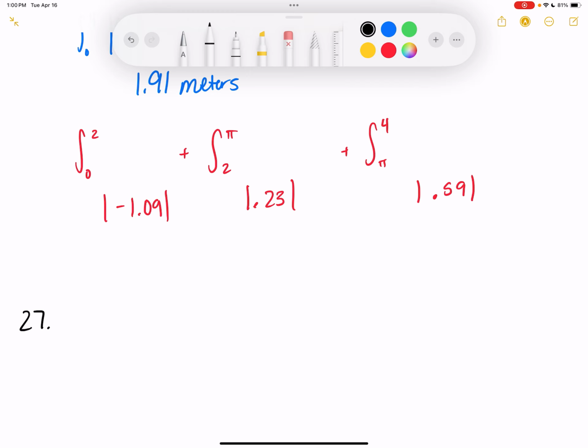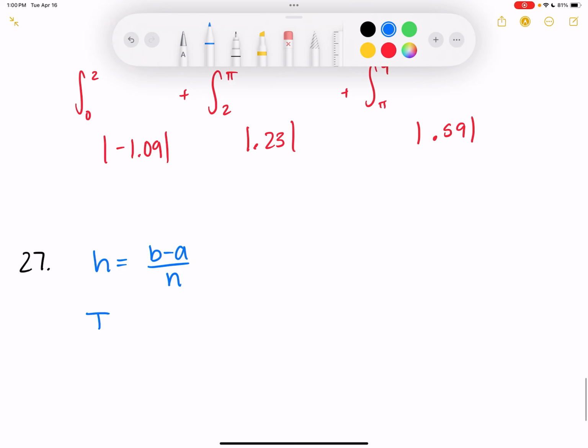So a couple things about the trapezoidal rule. h is equal to (b minus a) over n. And the trapezoidal rule itself says h over 2 times y sub 0, so that's the first number, plus 2 times y sub 1, plus 2 times y sub 2, and so on, plus 2 times y sub n minus 1, plus y sub n.